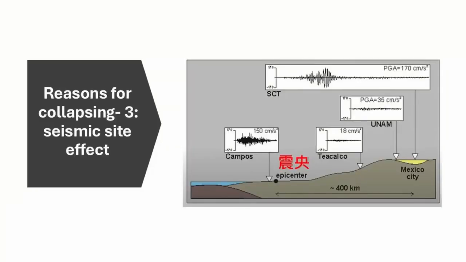And sometimes the side effect could be another reason for damages. Take a historical earthquake, for example. There was an earthquake about 400 kilometers away from Mexico City. At the epicenter, the ground motion was measured at around 150 centimeters per second.